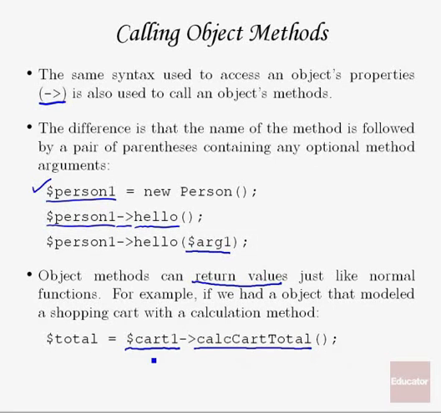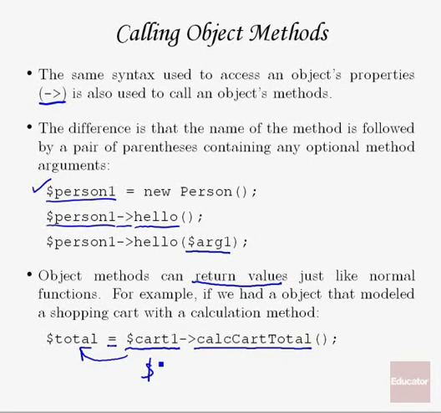So here, in order to get the return value of an object method, you just call it just like you would a regular function, and you can use an assignment statement. In this case, we're assigning the value returned from the calc cart total function into the total variable.